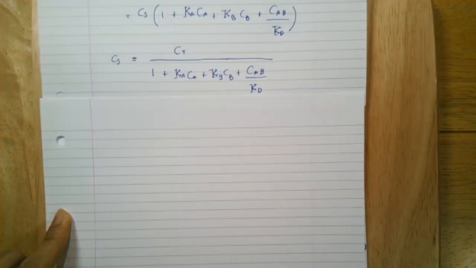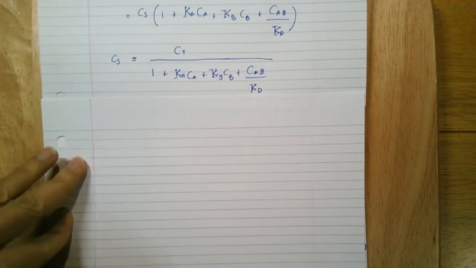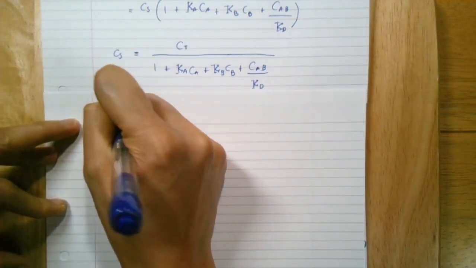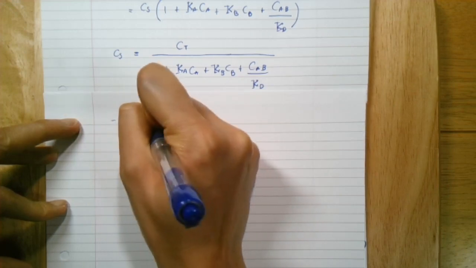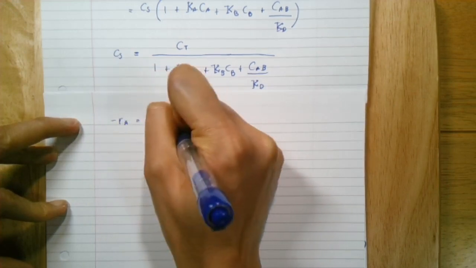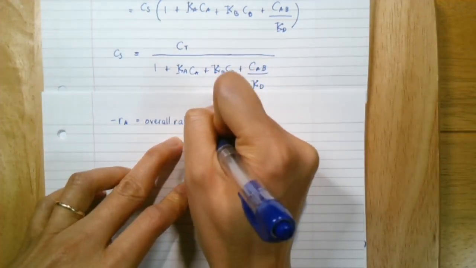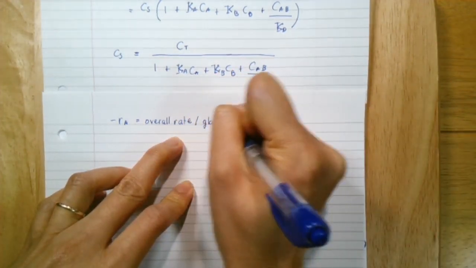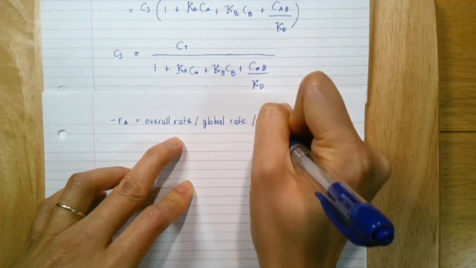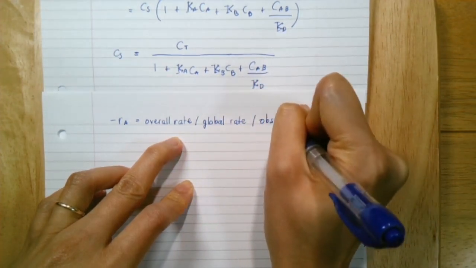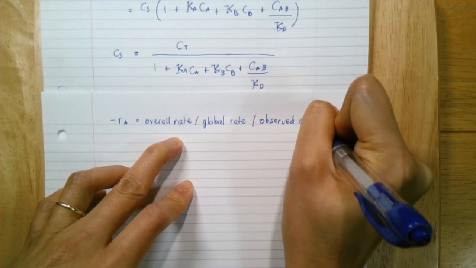Now let's derive the overall rate of reaction, negative RA. This is also sometimes called the global rate or the observed rate.